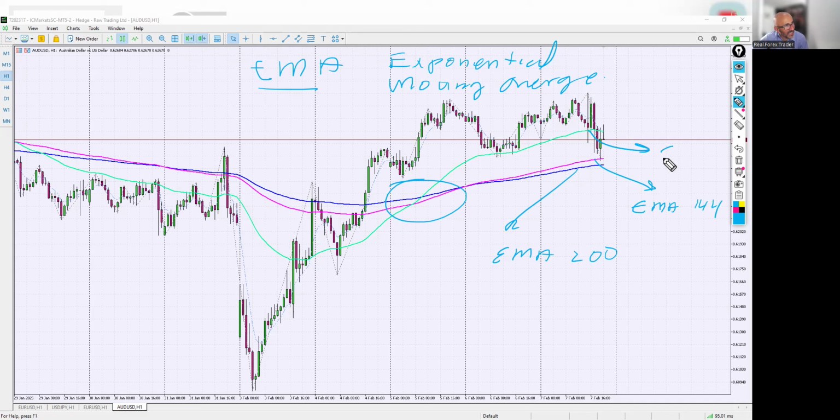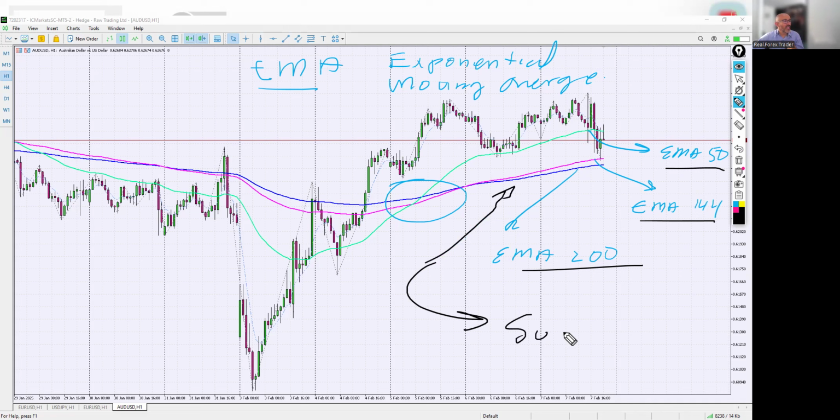And this one is EMA 50. Depending on the strategy that we are working on, the focus of our strategy, each of these exponential moving averages will serve a different function, but all of them have a common denominator, and that is to show me if there is, in this very particular case, support.